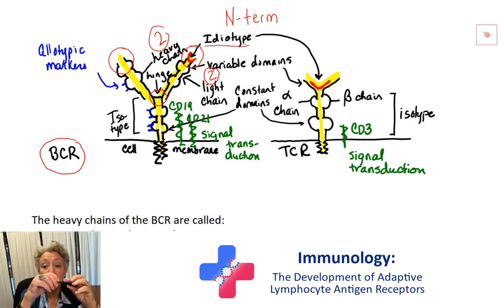Will it bind, for example, my stylus for my computer? Would it bind a larger pen? Would it bind the mouse for my computer? Each of those would take a slightly different shape. And the shape and antigenic specificity are determined by the idiotype, the N-terminal domains of both of the heavy and the light chains.